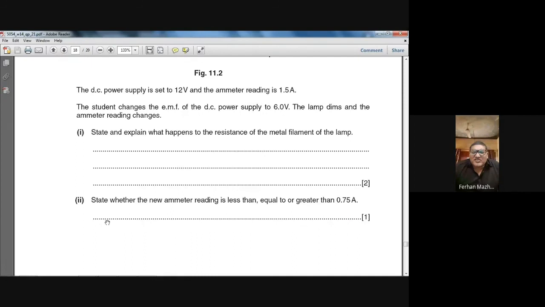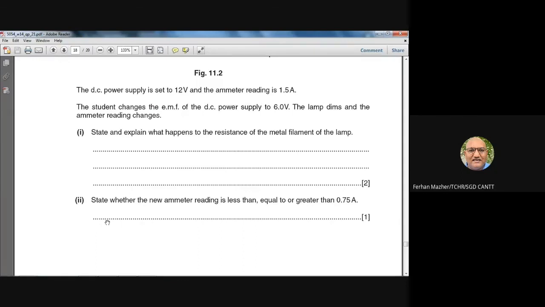The current flowing through the lamp will be more than 0.75 ampere. When you reduce the voltage, the temperature of the filament lamp will decrease, so its resistance will decrease. So the current will not become half. From 1.5 ampere, it will not go to 0.75 ampere. It will be a little more than this.